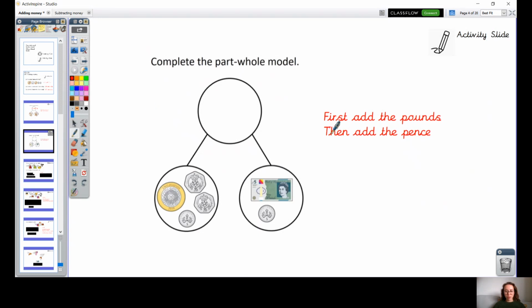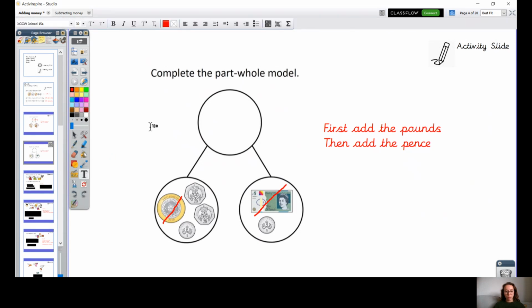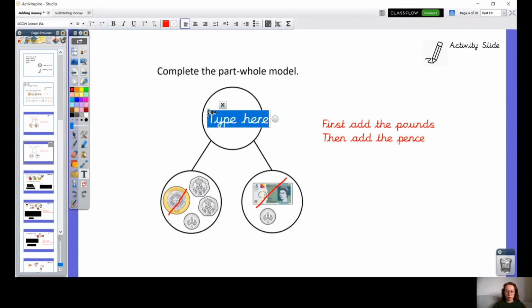Okay, you should have first added the pounds. So let's have a look. Where have we got pounds in these parts? I've got 2 here, and I've got a note on this occasion, and the note represents pounds. So I'm going to count that in my pounds. So I've got £5 and £2. That totals £7. I've also got some pence.